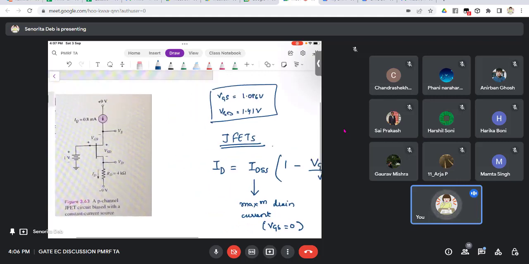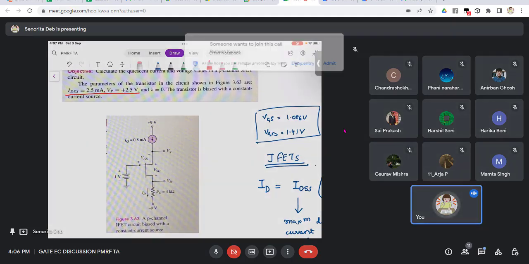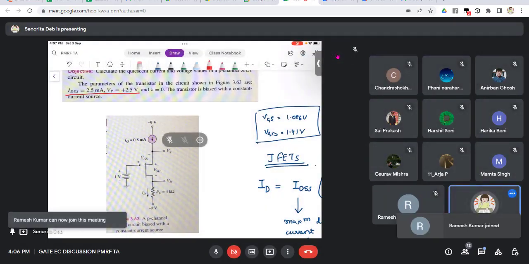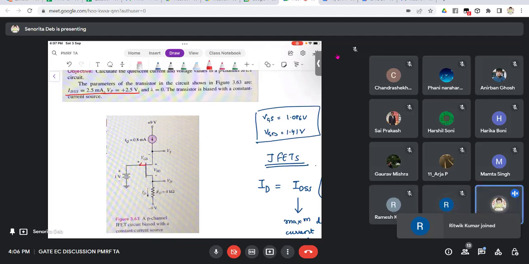Now in this question, IDSS is given, VP is given, and we have to find the other parameters. So what are the other parameters? We have to find basically VGS and we have to find VDS, right? Now here you can see that the arrow, if the transistor is outside, that means this is a PJFET.